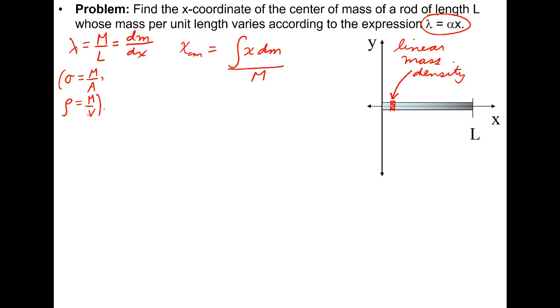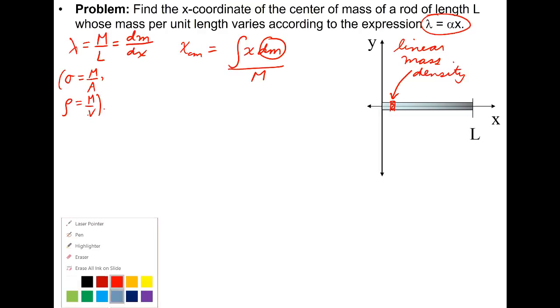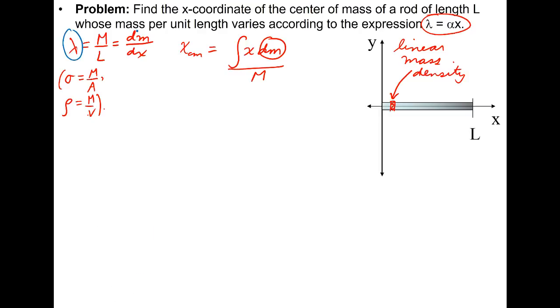So let's set this up, and basically what we need to do is get rid of this dm here. But we notice that in our definition, lambda is dm over dx. So this means that x center of mass is equal to the integral of x, that's just a variable that's there in that equation, but then dm is going to be equal to lambda dx. And then that's all going to be divided by the total mass m.